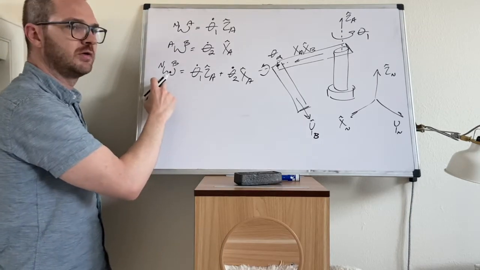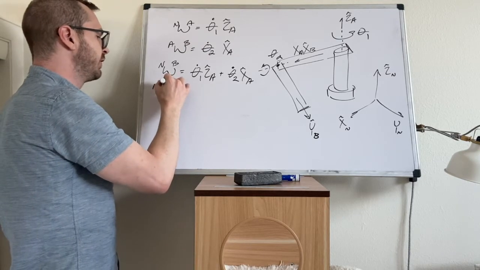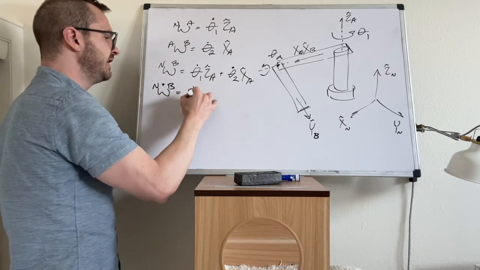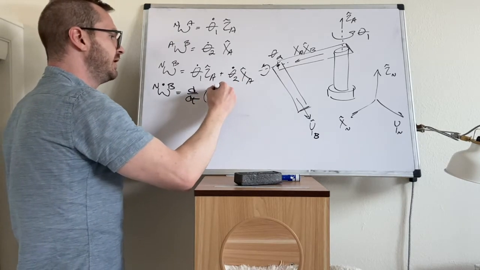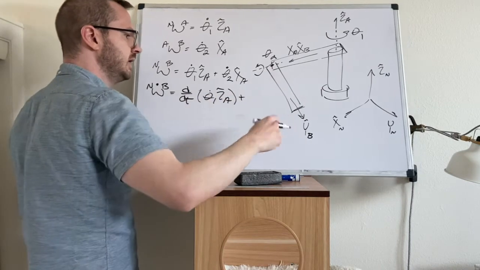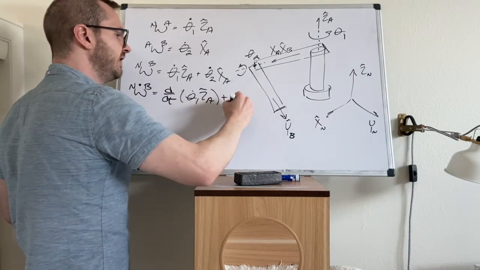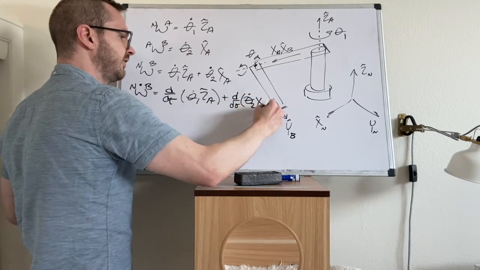So here's our description. We know that omega N to B, if we go back to the definition, is d/dt of this term. So theta 1 dot ZA, and I'm going to go ahead and distribute the d/dt, plus theta 2 dot XA.